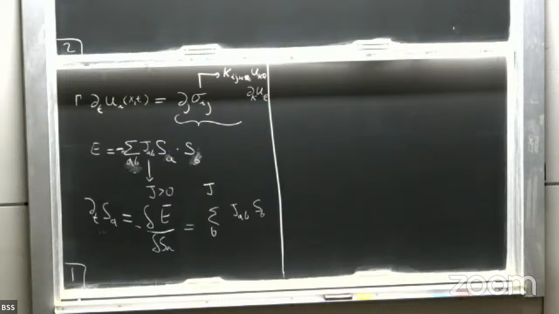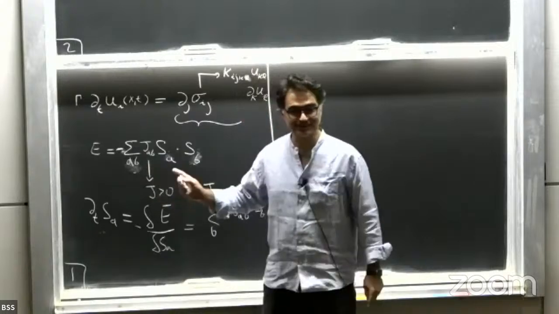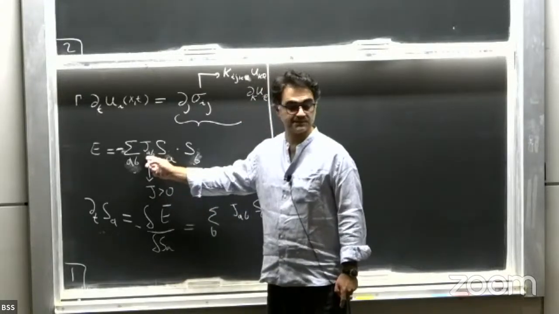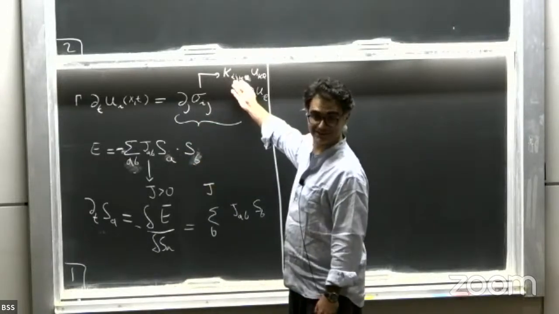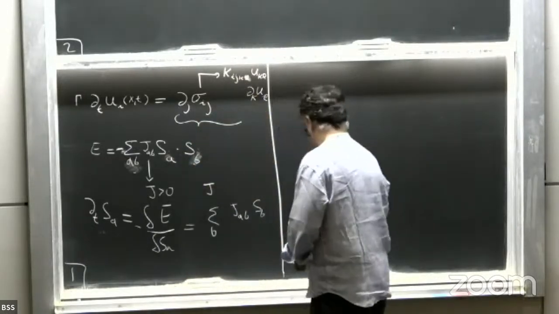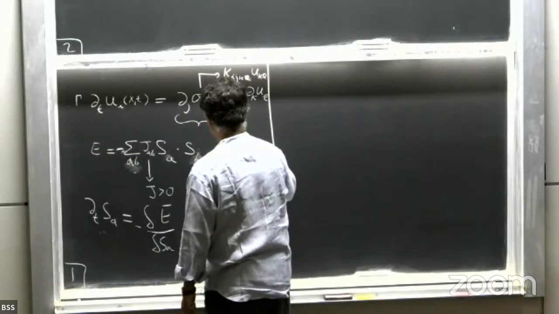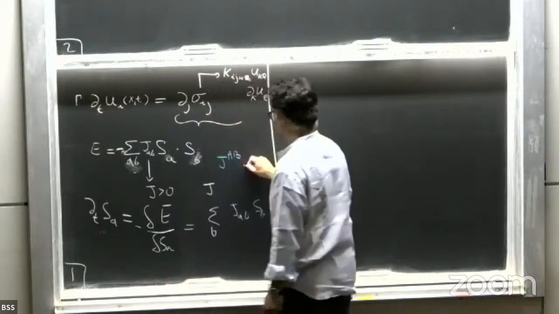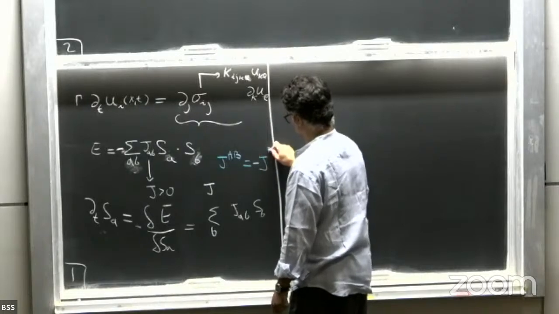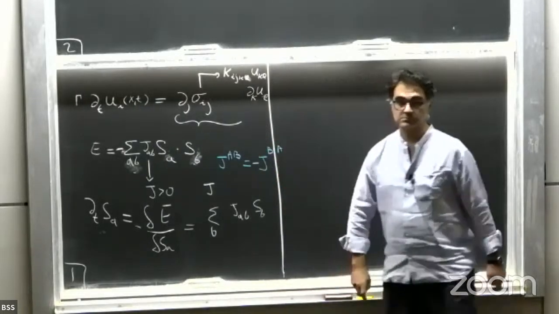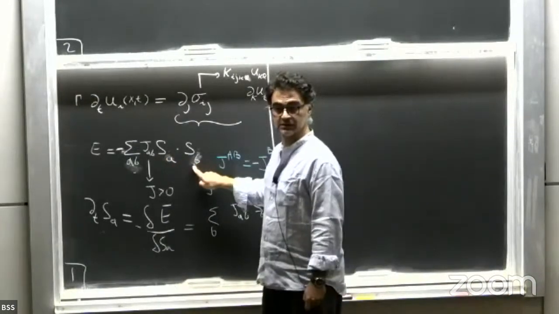Now, I'd like to draw your attention to the odd case, because that, of course, is equivalent to the odd elasticity that you've been hearing a lot about. And what I mean by that is a situation where if I have two spins, for example, J_ab is equal to minus J_ba. Okay, so let's imagine that these were those two spins.